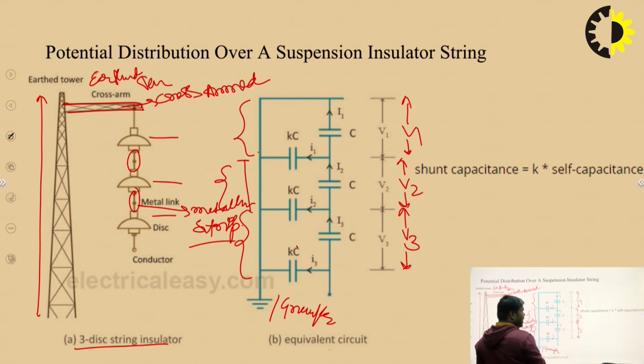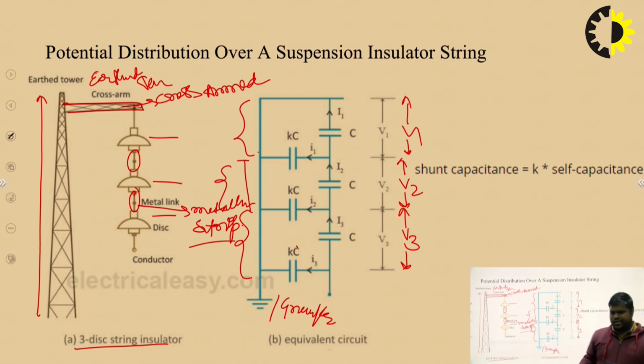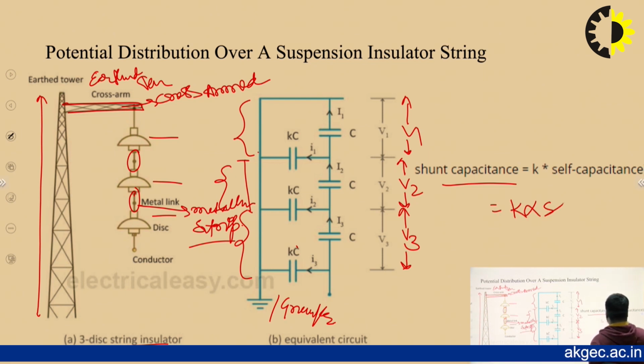So we will calculate the voltage and current, and after that we will see the string efficiency. These are the shunt capacitances, which are to be calculated as K times the self capacitance.